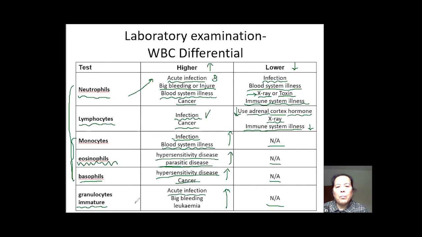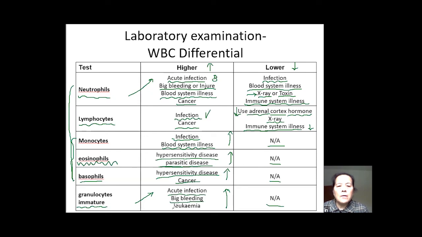The bone marrow produces a lot of white blood cells, but because they are used up so much, it even releases some immature white blood cells into the blood circulation. It has the same meaning when people have big bleeding, which causes the number to increase.